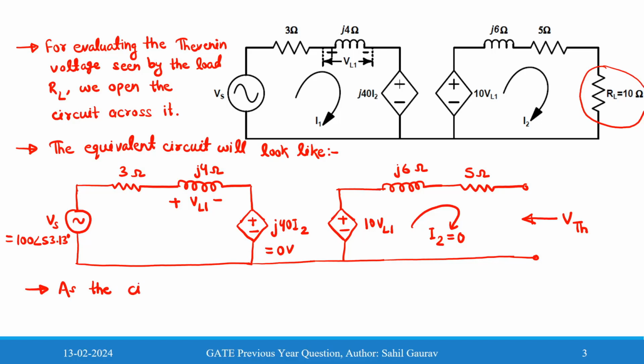As the circuit opens across RL, current I2 will become 0 and this J40 I2 will also be 0 volt.